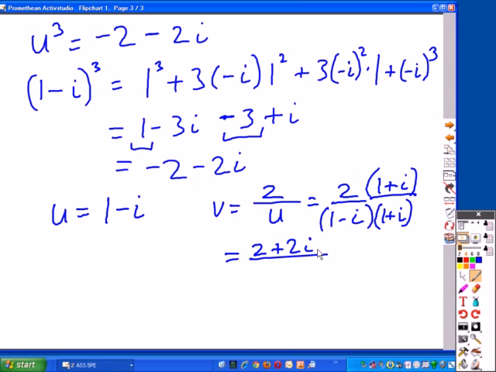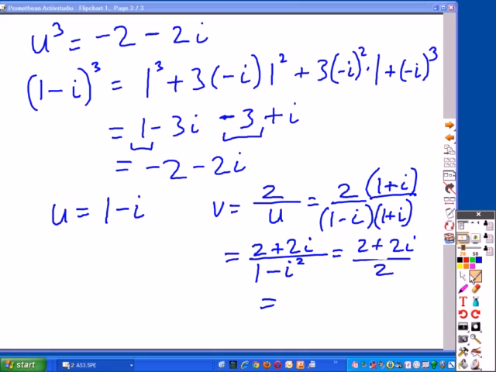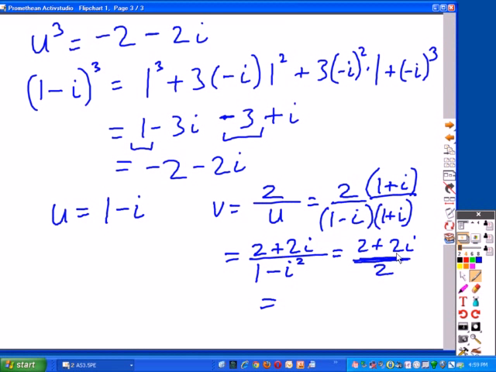That looks familiar. And then here, by the difference of squares formula, we get 1, we get a minus i and a plus i from the inner and outer terms, and then minus i squared. This is 2 plus 2i over 2. That is 1 plus i.